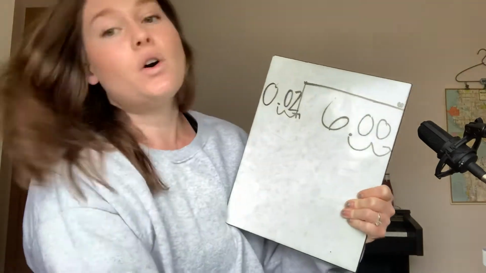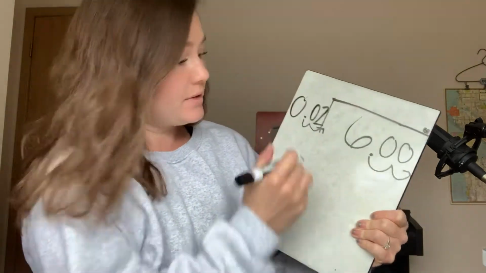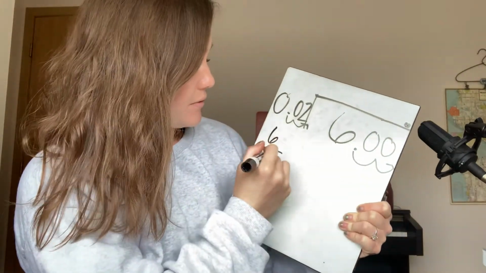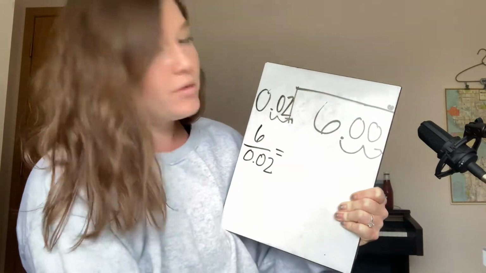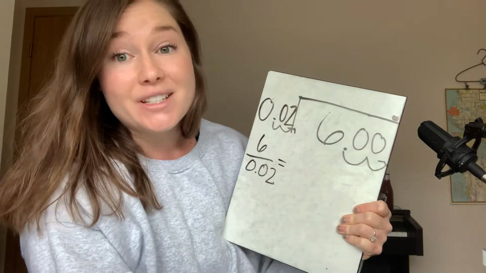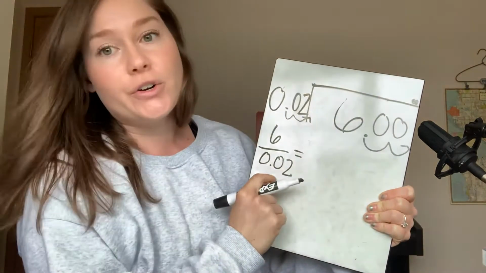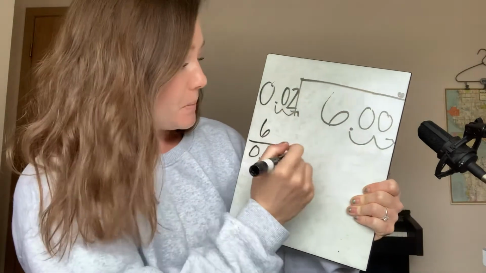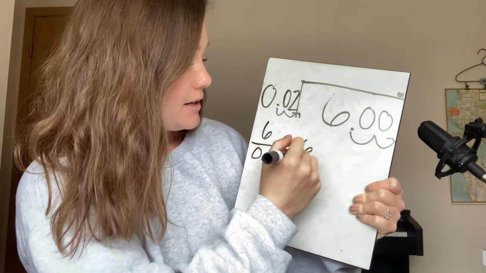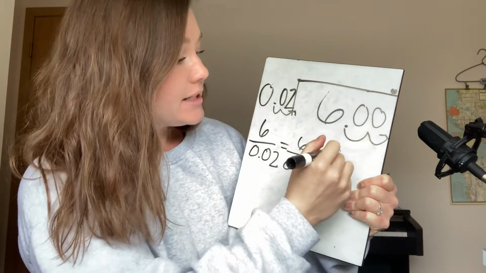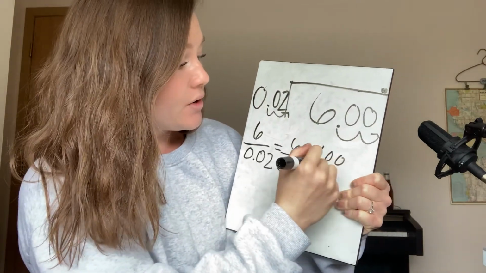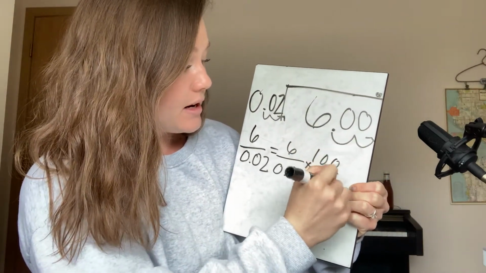Okay, so to show this in fraction form, we have 6 over 2/100ths. And we know that we need to make this 100 times bigger in order to divide like I did up here. So I want to multiply 6 over 2/100ths times 100 over 100.